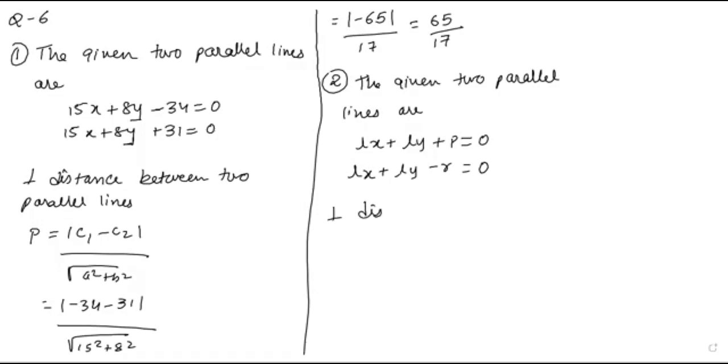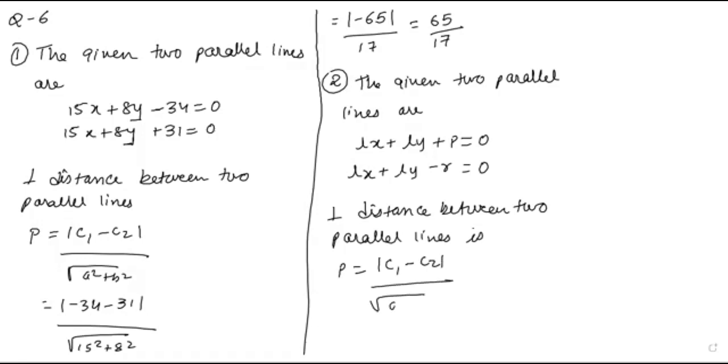So perpendicular distance between two parallel lines is equal to mod c1 minus c2 upon square root of a square plus b square.